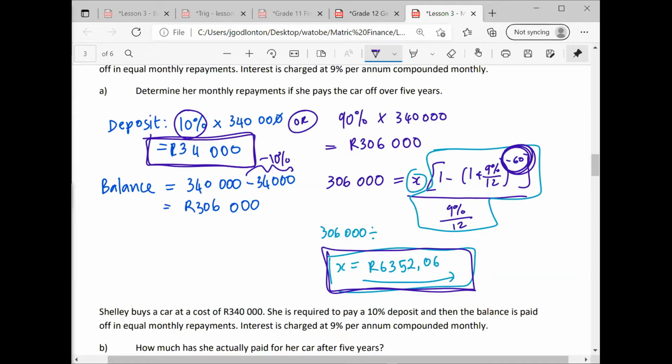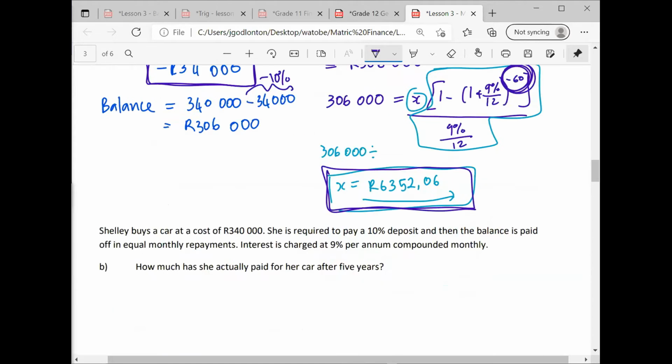Good. Okay. So what we're going to do here is we're going to take the X amount because that's what she's paying each month. Good answers coming in, guys. Well done. The amount that she's paying each month is the 6,352 Rand. So we're going to take that. Don't forget the cents because the cents is important. She's made 60 payments of that amount of money. This is the loan that she's paying.